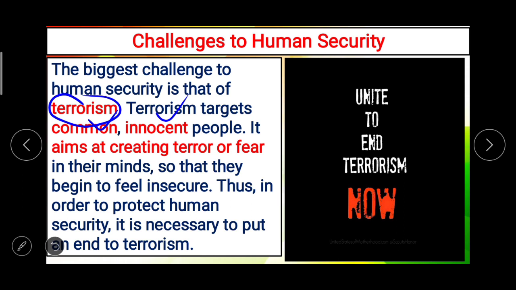It aims at creating terror or fear in the minds of common people so that they begin to feel insecure. And thus, in order to protect human security, it is necessary to put an end to terrorism. So, if you want to end terrorism, then it is very important to unite to end terrorism.